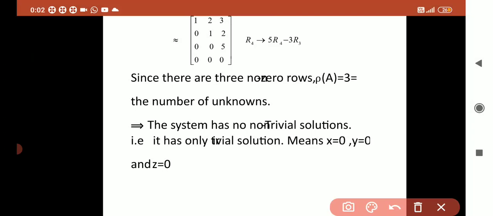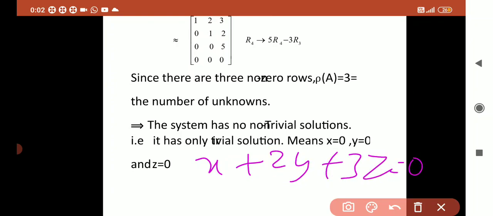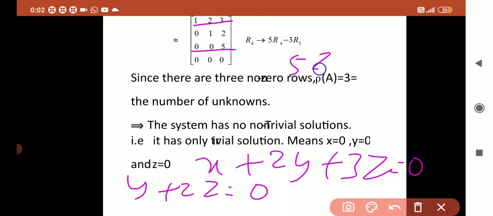What do we get here? From the first row, x plus 2y plus 3z equals 0. The second row, we can leave the 0, gives y plus 2z equals 0. And from the third row we have 5z equals 0. What does this imply?